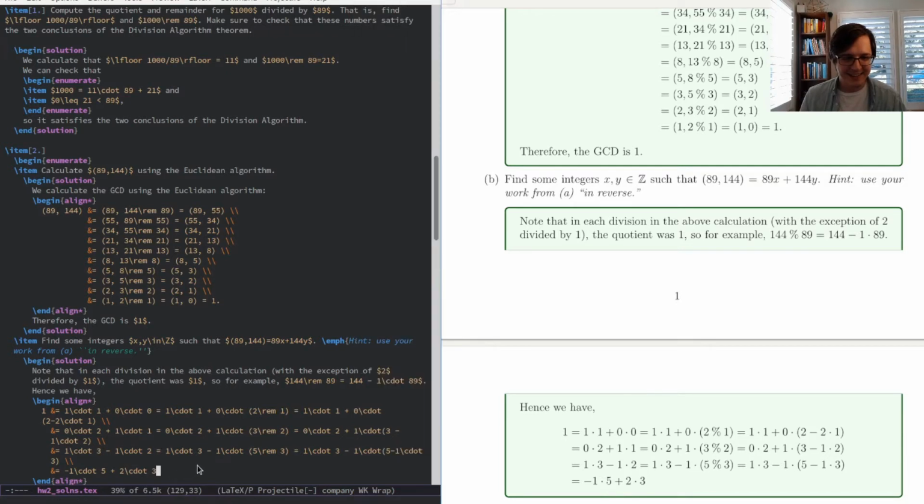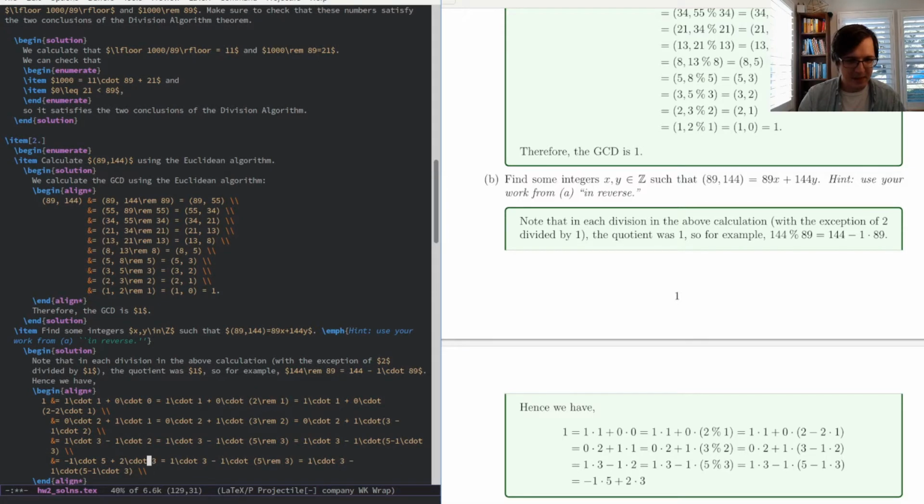Okay, great. What I'm going to do here is everything's going to be basically the same. So let's copy paste and just change numbers so it's correct for our situation. So what's 3? 3 is 8 mod 5. So we have minus 1 times 5 plus 2 times 8 mod 5, and 8 mod 5 was 8 minus 1 times 5.